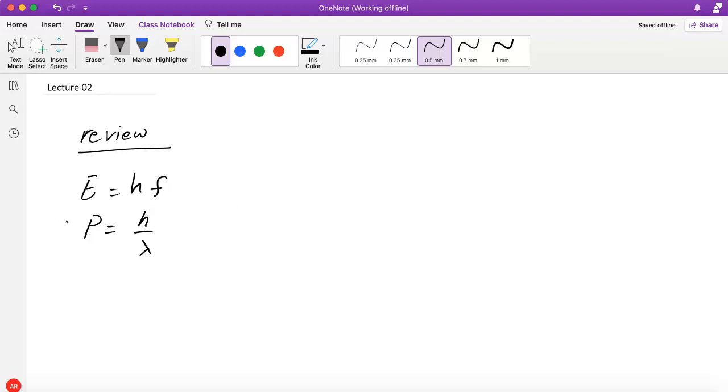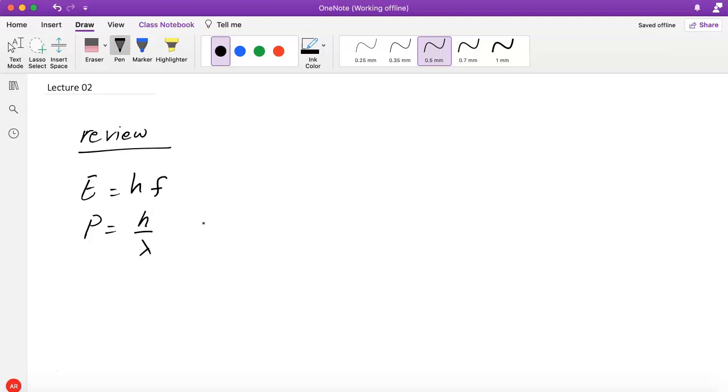And it seems that there's some wave-like nature, at least for light, where the frequency and the wavelength, the salient characteristics of a wave, are related to the energy and momentum they manifest in their particle-like behavior.